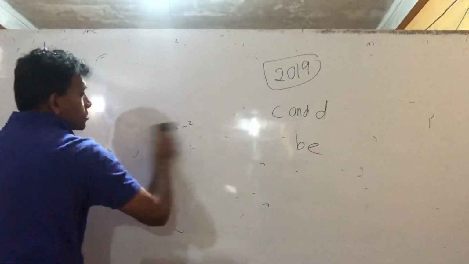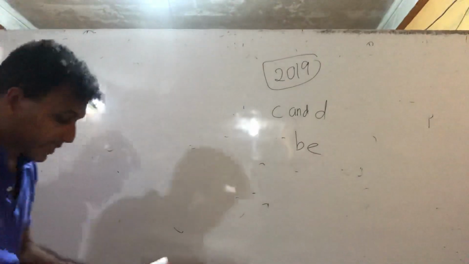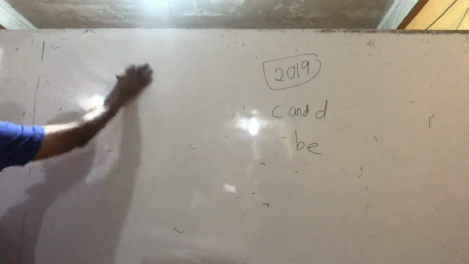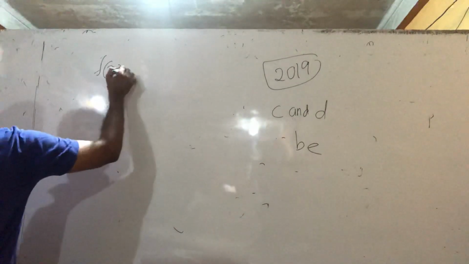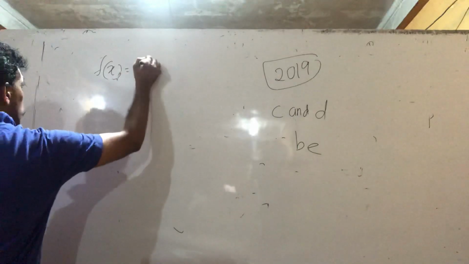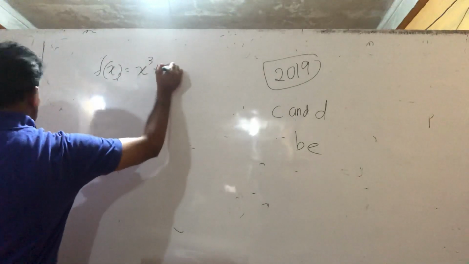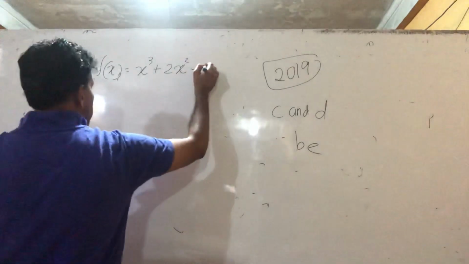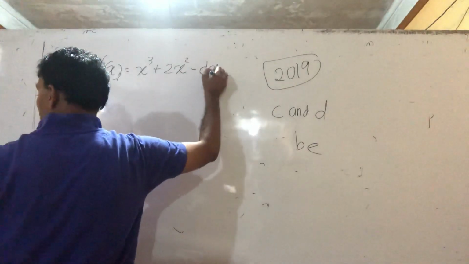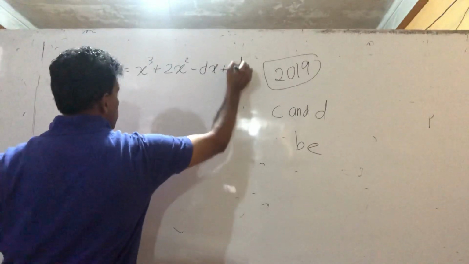Let, write this, let f(x) equal x cubed plus 2x squared minus dx plus cd.